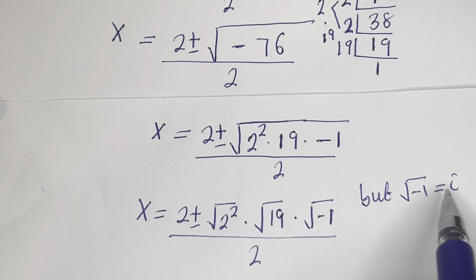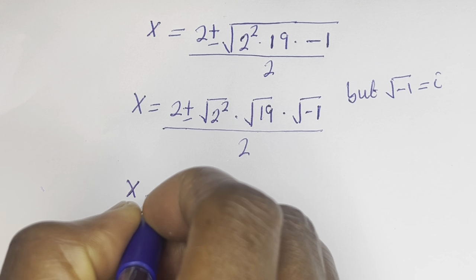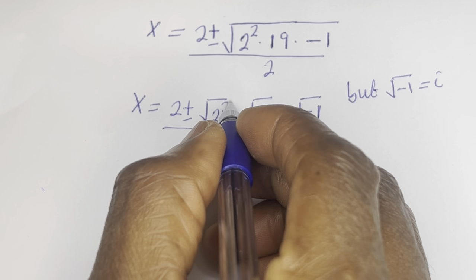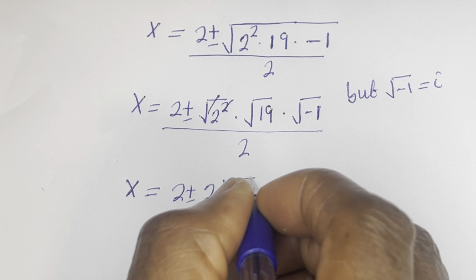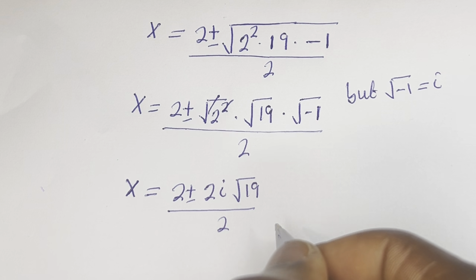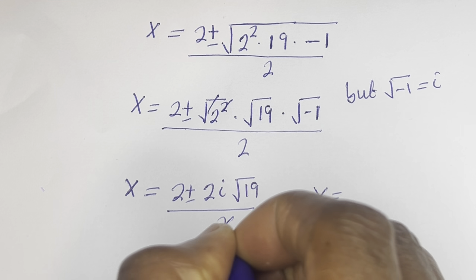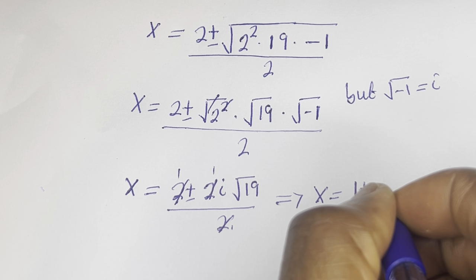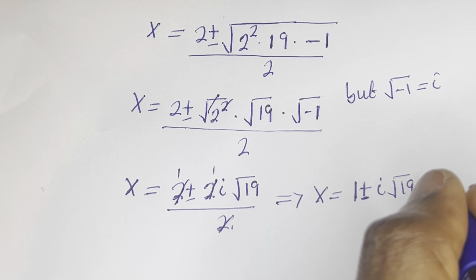But square root of minus 1 is equal to i. x is equal to 2 plus or minus, we cancel this, we have 2 i square root of 19 over 2. Then x is equal to 1 plus or minus i square root of 19.